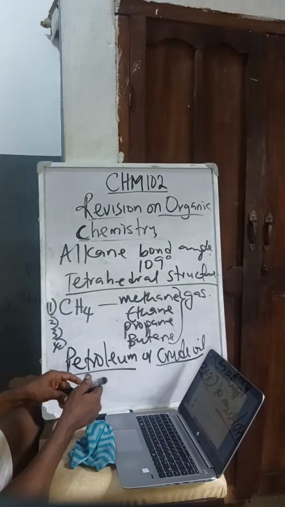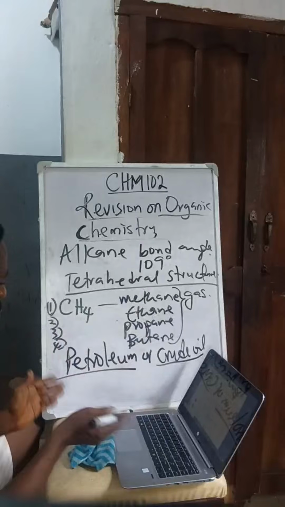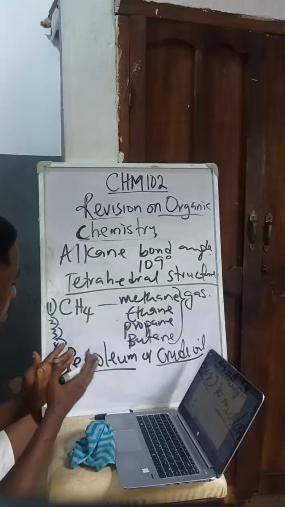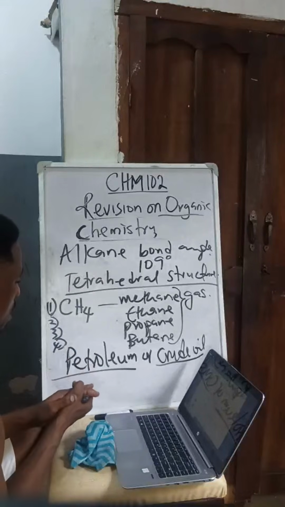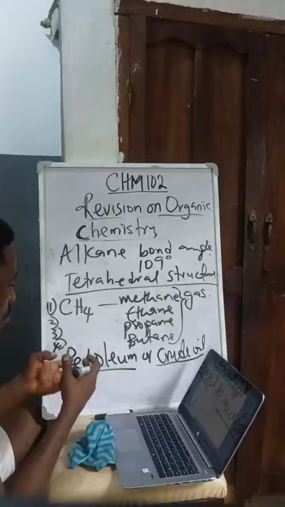Petroleum is a mixture of petrol, diesel, kerosene. It has all other compounds in it, so it needs to be refined. It has impurities. It is crude.